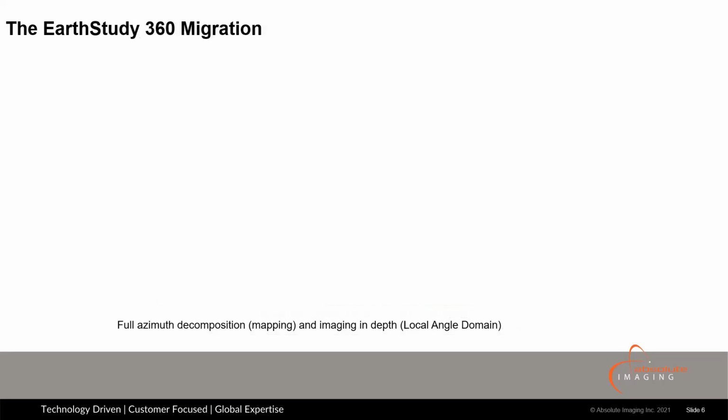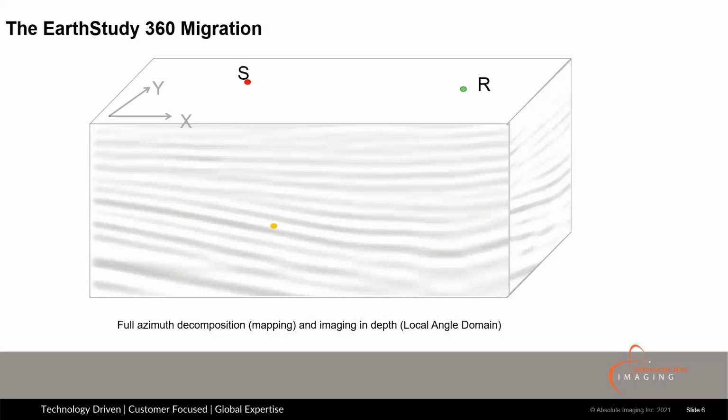Okay, so let's see in a little more detail how that works, how we are decomposing this. We like to call it the local angle domain, or you might see it somewhere as LAD. So you have a subsurface point here.